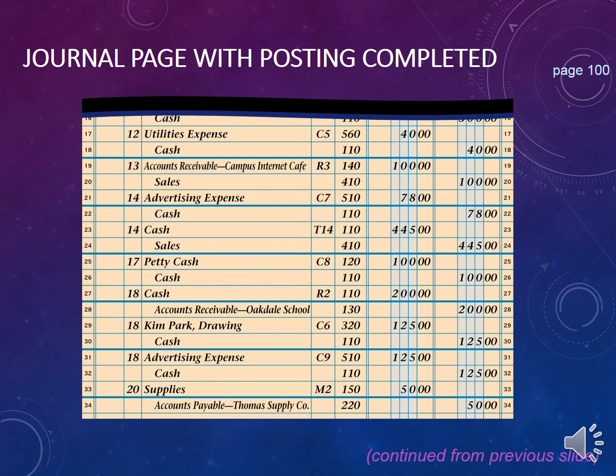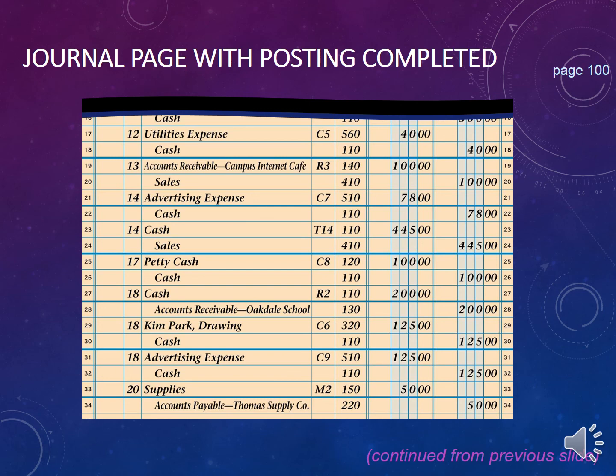The last step is to go back to the general journal after recording each transaction and posting it into the general ledger, and you will record the account number in the post reference column. You are not to go through the general journal and record all of the account numbers before posting them, and you are not to record all the account numbers after you have posted all the entries into the general journal.